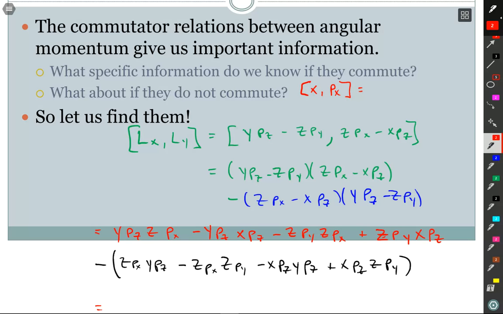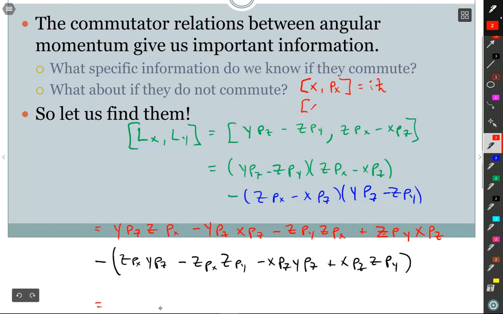Front cover of the textbook. I think it's i h bar. Do check, don't take my word for it. Yeah, front cover, should be. Okay, so x px is i h bar.